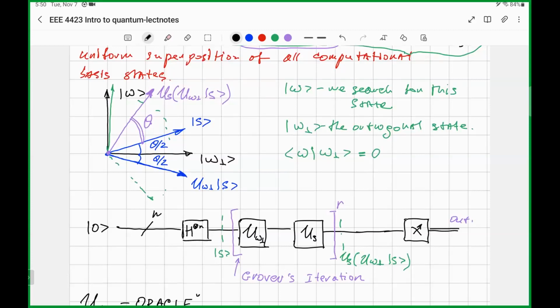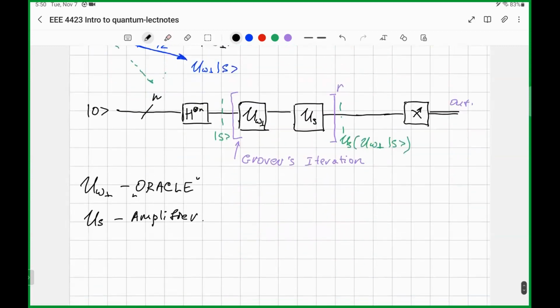Like if I need to do a search among 8 elements, so I have a group of 8 elements. It's a small number of elements, but representative. And I need to search for one particular element in this group. I denote the particular element in this group of 8 by this omega, and this vector omega represents the vector of this element.